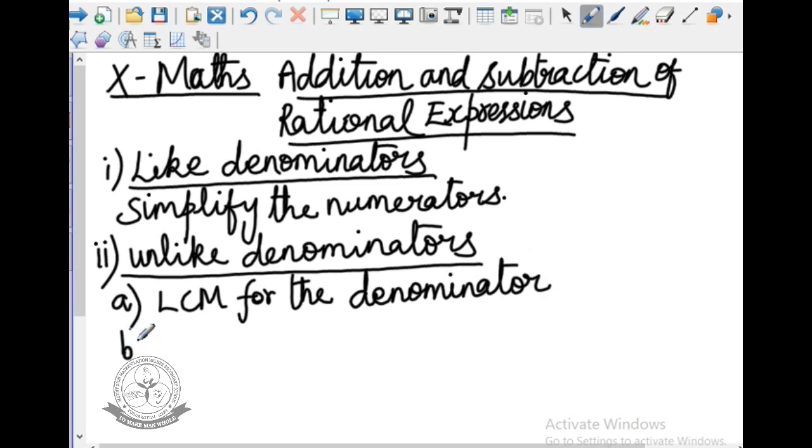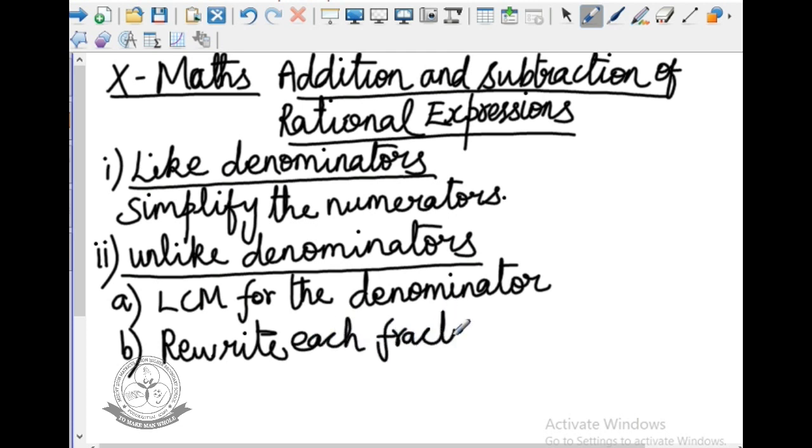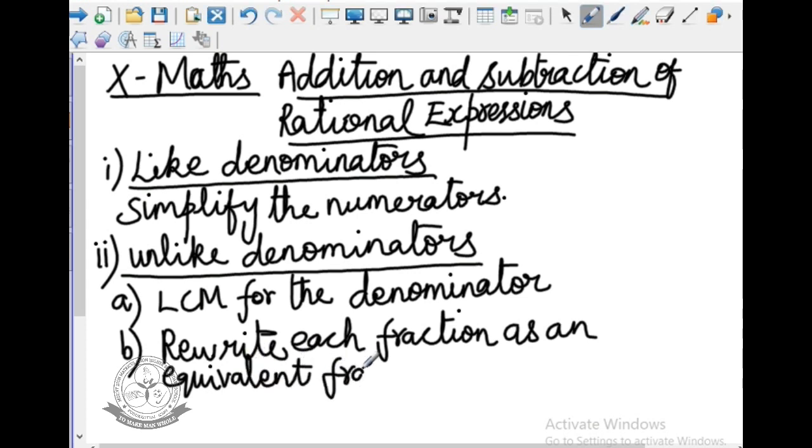Second step, rewrite each fraction, that is, rewrite the numerator, rewrite each fraction as an equivalent fraction with the LCM obtained.